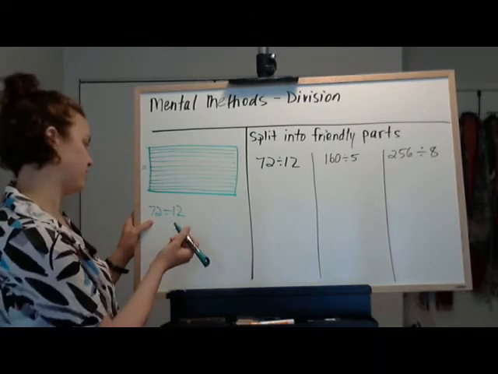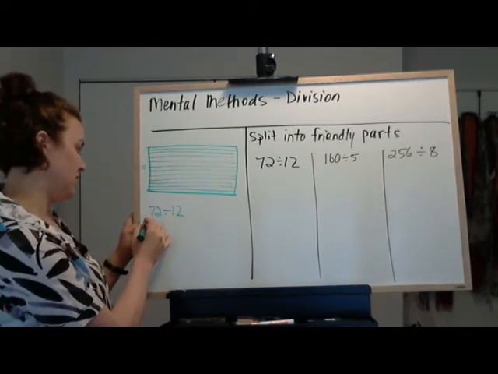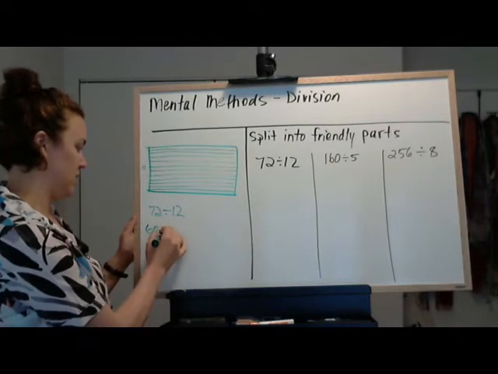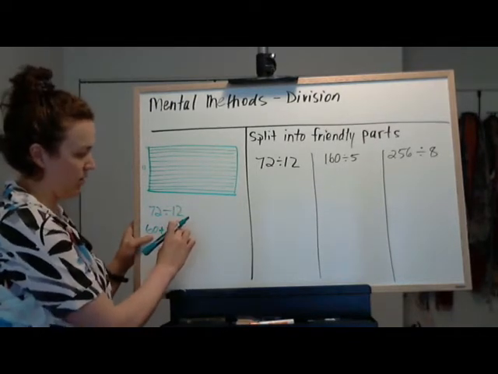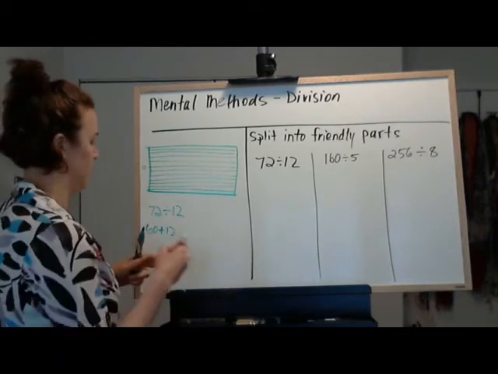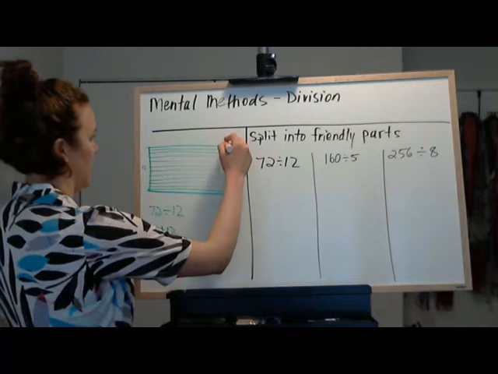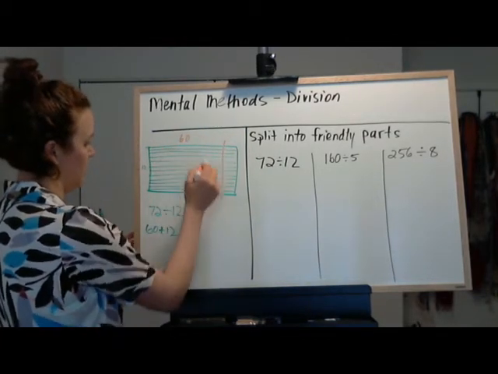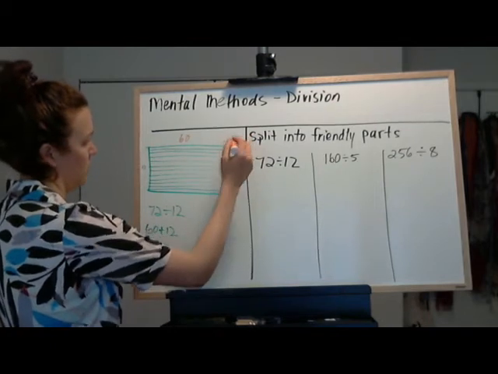So I know 72 can be split into 60 and 12. I know 60 divided by 12, and I know 12 divided by 12. So I'm going to split it up like that. So I'm going to say, okay, this is my 60 part, and this is my 12 part.